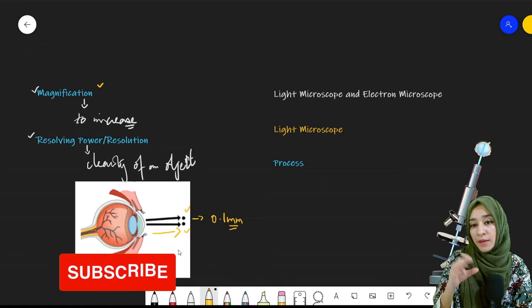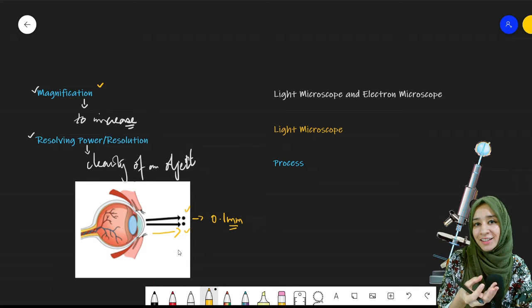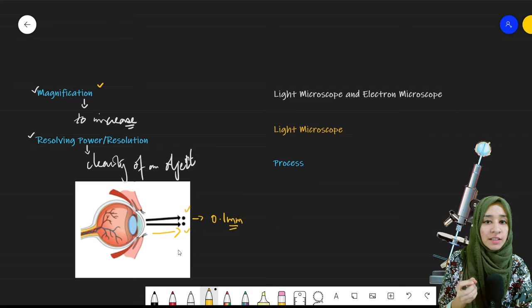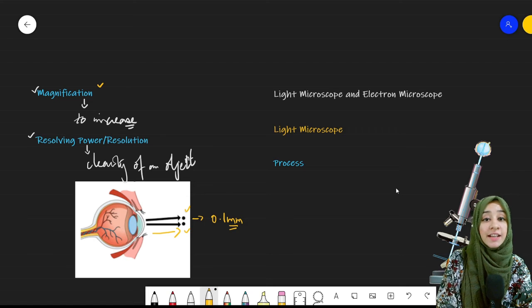In terms of a microscope, we can say that the smallest size that a microscope can identify, in case of a light microscope, is about 0.2 micrometer. If an object is smaller than 0.2 micrometer, the light microscope will not be able to identify the object, will not be able to magnify the object.